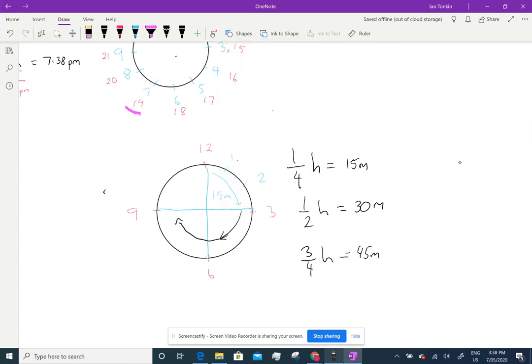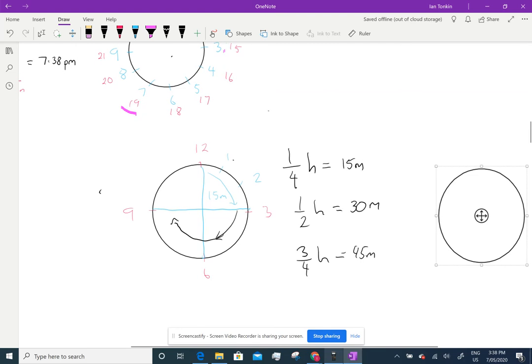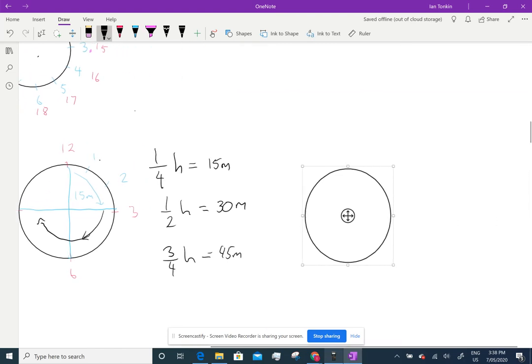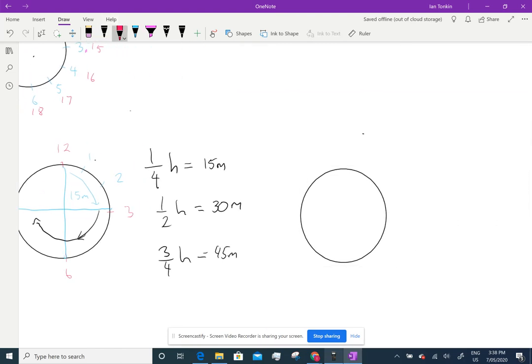So that's why the Babylonians liked to use a base 60. It had nice splits. So here we go. I break this up into thirds. Because I've got 1 to 12, 3, 6, 9, sorry, that's 12. 1, 2, 4, 5, 7, 8, 10, 11.